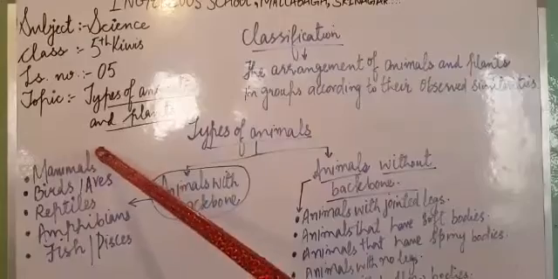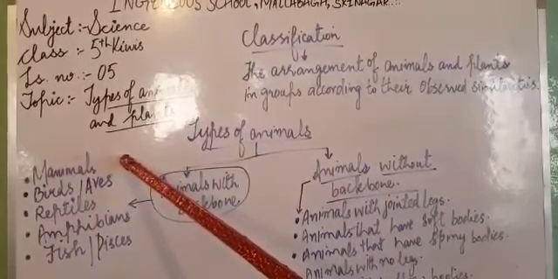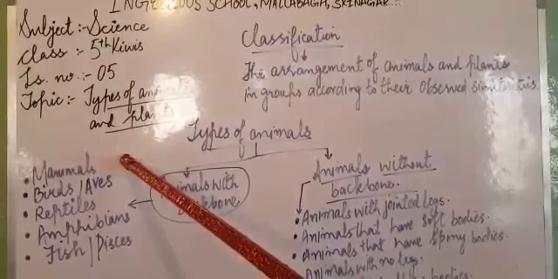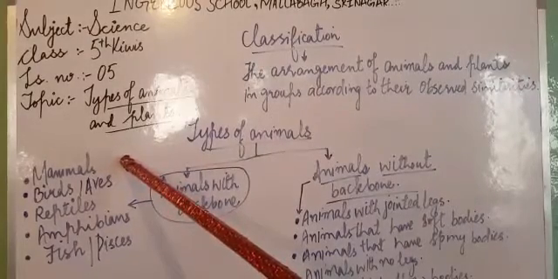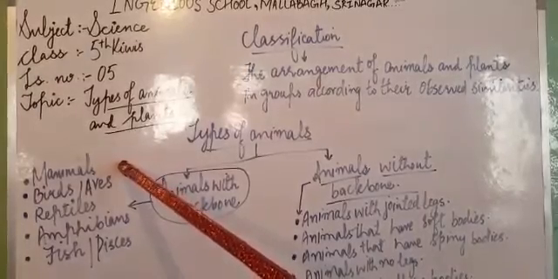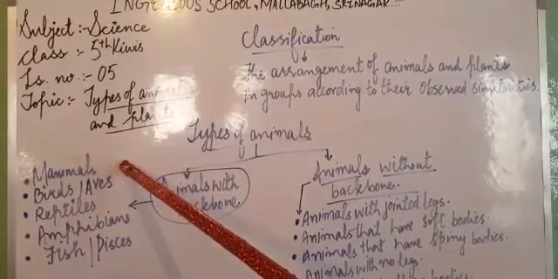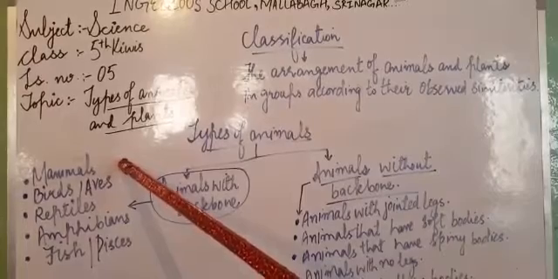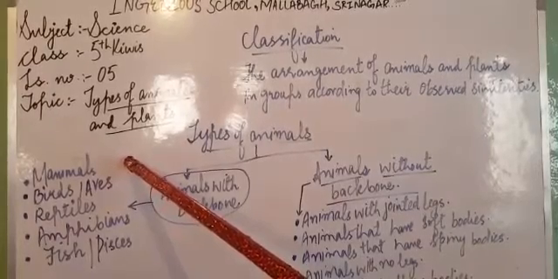So these mammals have some features, like they reproduce by giving birth to their babies. There are also a few exceptions like the duck-billed platypus, that is found in Australia and New Guinea. They do not reproduce by giving birth to their babies, but they lay eggs.